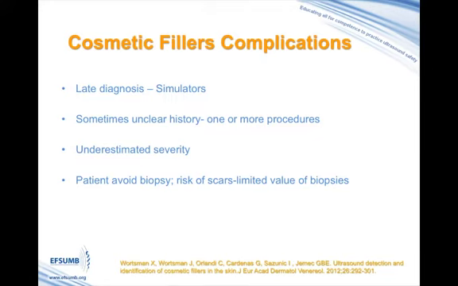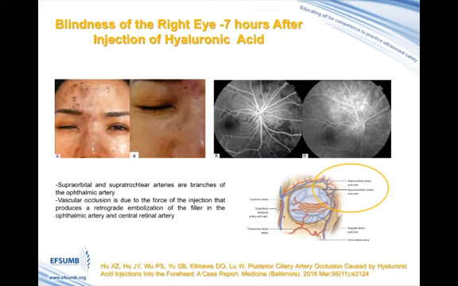Among the most terrible complications of the injections of cosmetic fillers is blindness. And this is produced by the injection of the supraorbital and supratrochlear arteries that are branches of the ophthalmic artery, and the production of a retrograde embolization of the filler in the ophthalmic artery and central retinal artery.